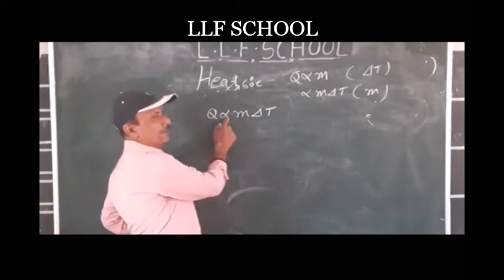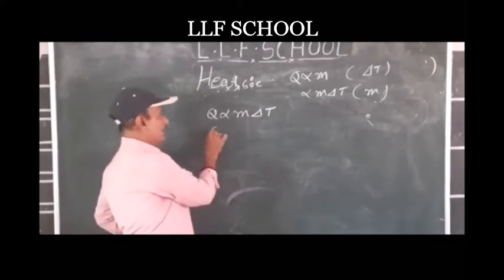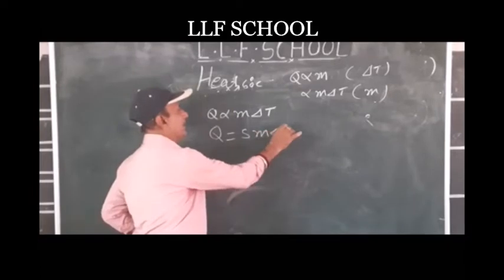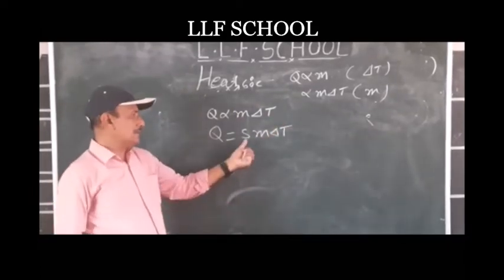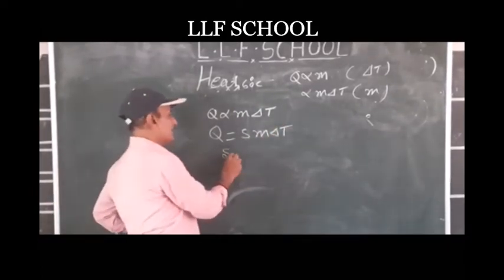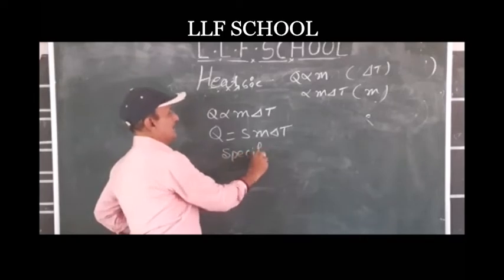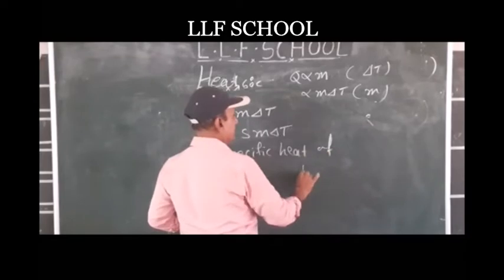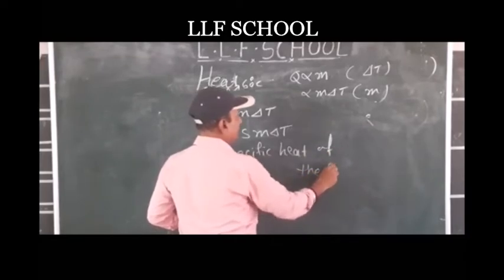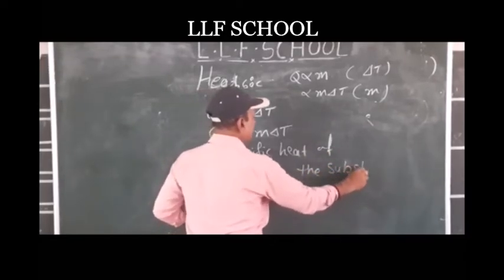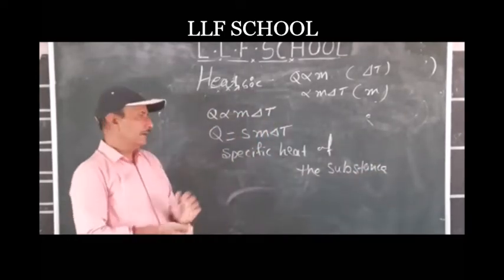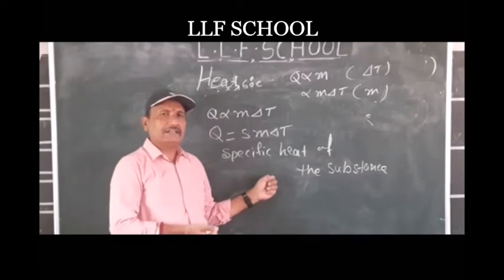While removing this proportionality symbol, we introduce a constant, so Q equals S M delta T. Here S is called the specific heat of the substance.